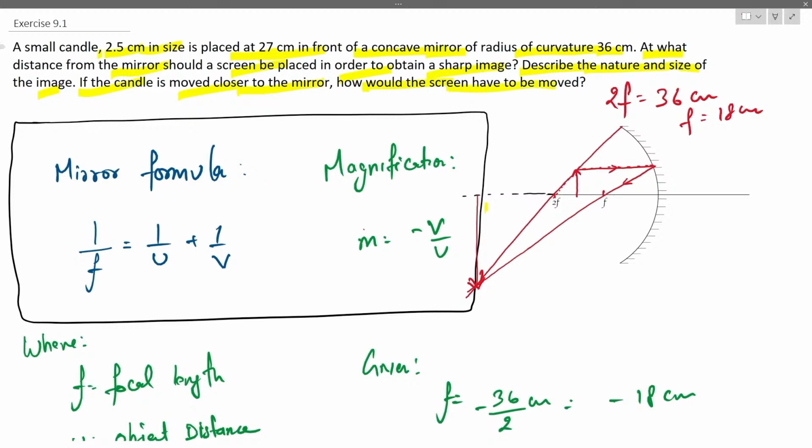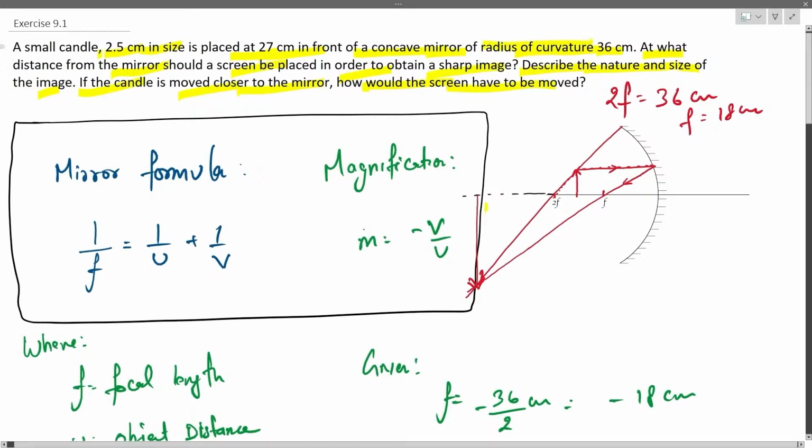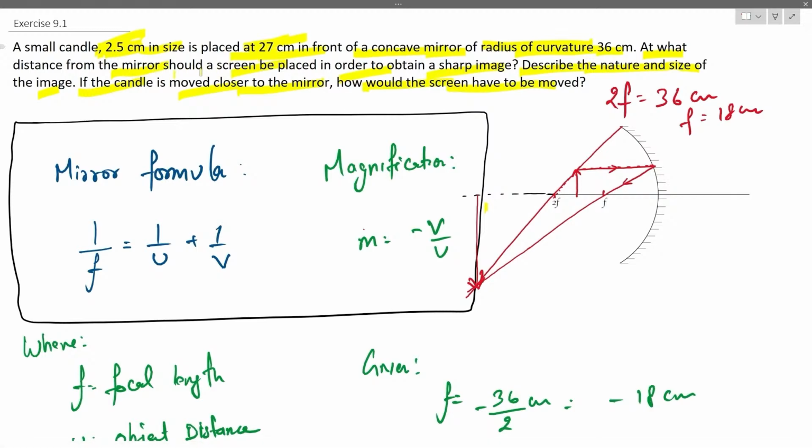So in this question, a concave mirror is given of a defined radius of curvature, and the object distance from the pole of the mirror is given, that is 27 centimeter, and the height of the object is given, that is 2.5 centimeter. At first we have to find out at what position the screen should be placed so that we can obtain the sharp image.